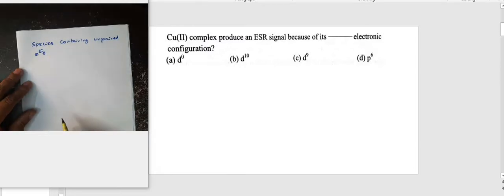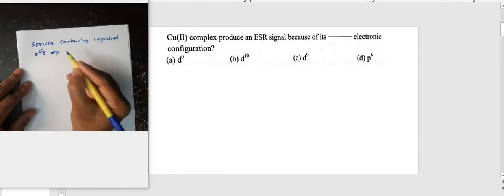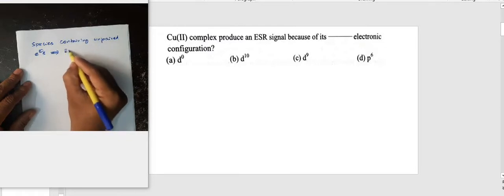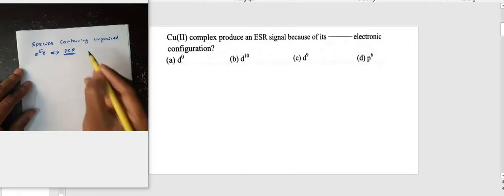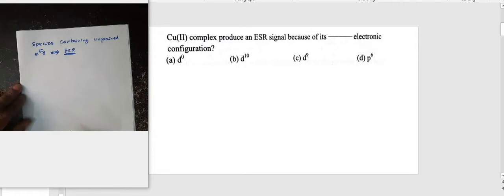Unpaired electrons are active in ESR spectroscopy, electron spin resonance spectroscopy. So there should be at least one unpaired electron.